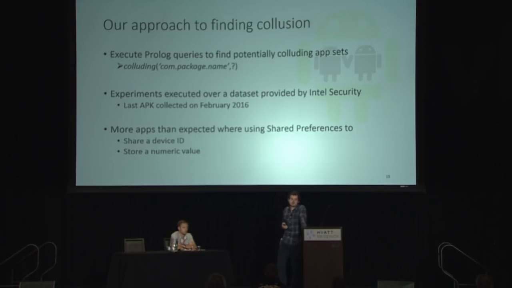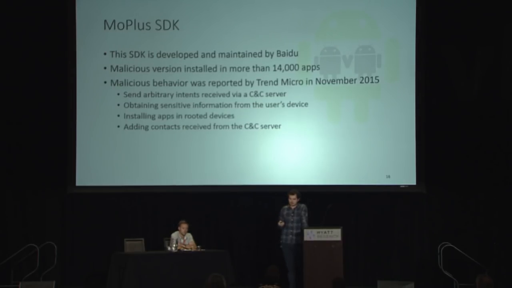And the other interesting thing we found is that there were many applications using a specific SDK that were storing a specific number inside different shared preferences files. So we investigated further, and what we found is that all those applications were embedding what is called the MoPlus SDK. This SDK is developed and maintained by Baidu, and there was a malicious version that Trend Micro discovered in November 2015.